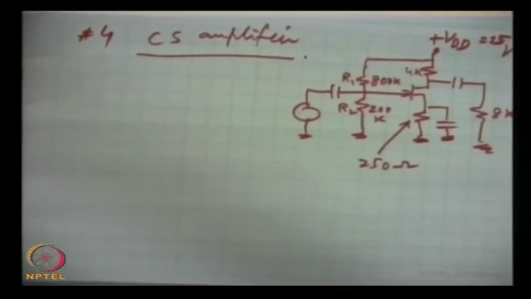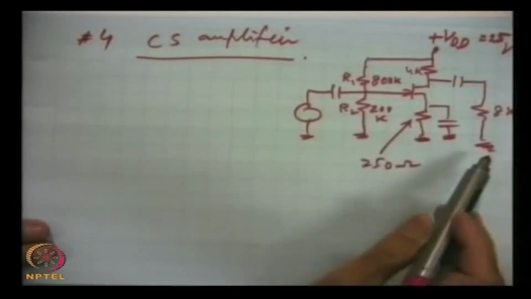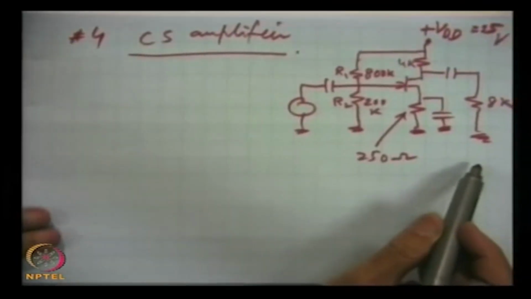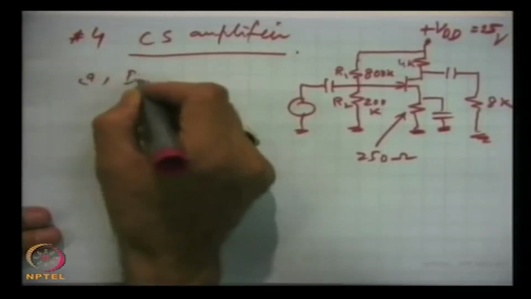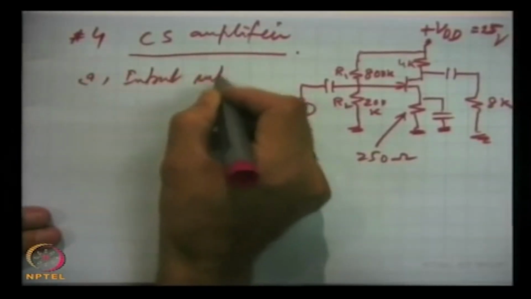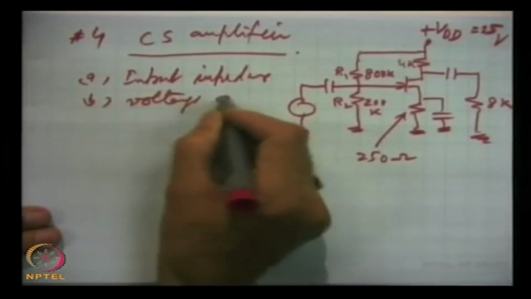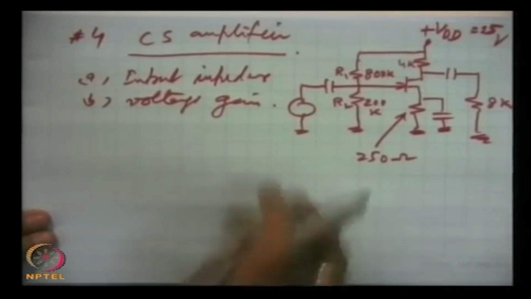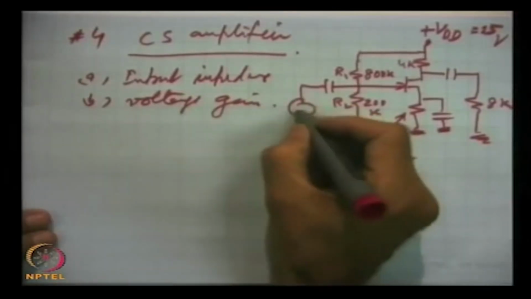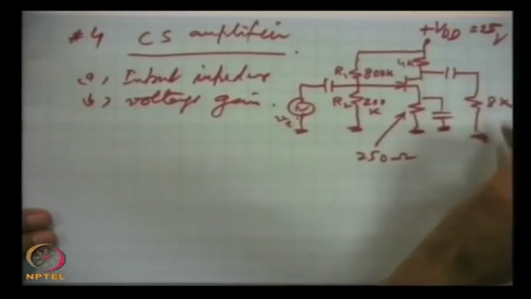So, here two things have to be determined. This is the circuit where all parameters are known, and we have to find out what is input impedance and voltage gain. First we draw this is the input V I, and output is taken here.